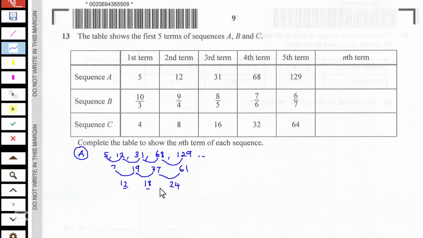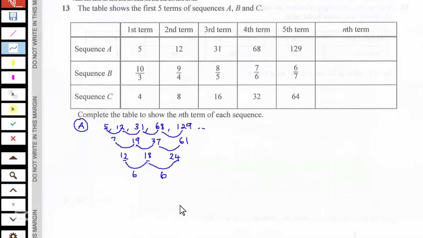The differences between the terms are still not common, so we have to continue. When you get to the third difference, 18 minus 12 is 6, and 24 minus 18 is 6. So this shows that it's a cubic sequence. This is a cubic sequence.